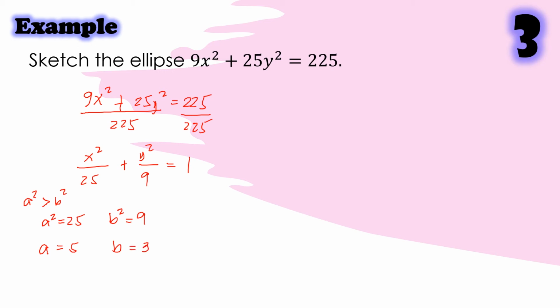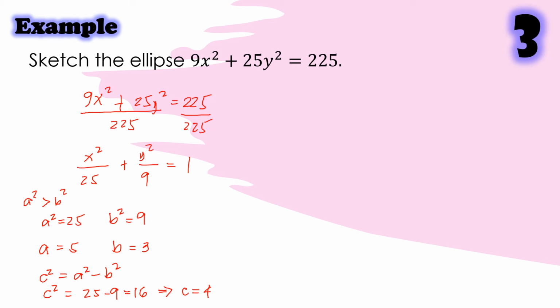To find the coordinates of the focus, we will use the relation c squared is equal to a squared minus b squared. Then c squared is equal to 25 minus 9, that is equal to 16. Hence, we have c is equal to 4. So we have an ellipse with major axis along the x-axis, and we have the coordinates of the vertices.